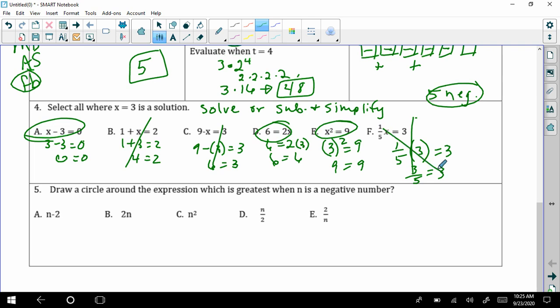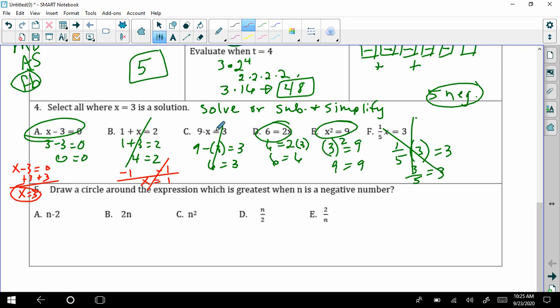The other way to do that same set of problems would be to simply solve it. So I could have said x minus 3 equals 0, add 3, x equals 3. So yes, here I could have gone minus 1, and gotten x equals 1. Not true.